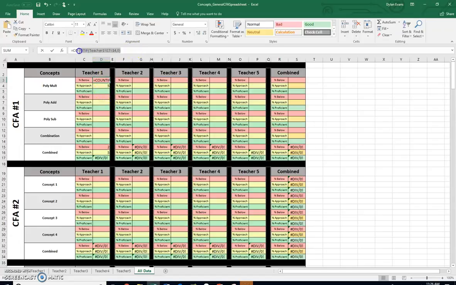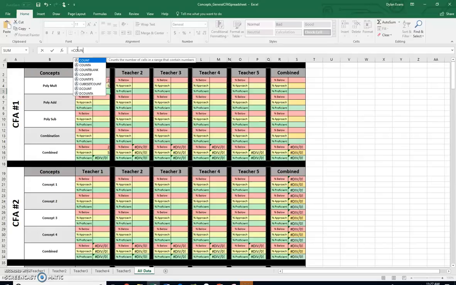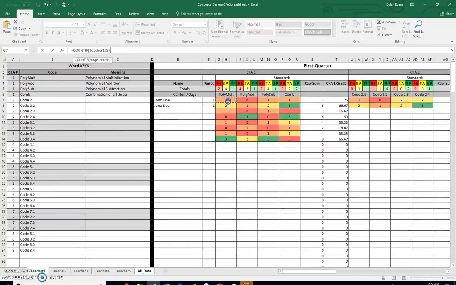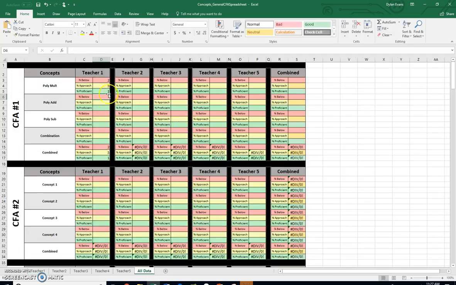Then for proficient, it's going to be the countif function, the same range of cells. I go to the Teacher 1 tab, scroll through this information, but now my criteria is 3. There's only 1 of those down right here, so I should get the number 1.